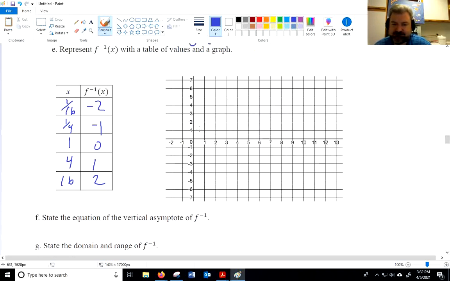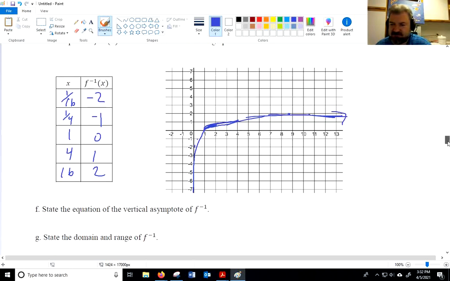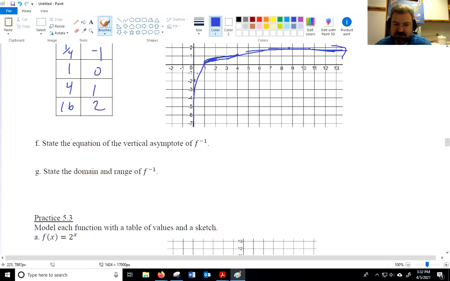And let's plot them. So you can see it's very similar to shapes we've already seen. It's just a little bit less dramatic of a right turn. Something kind of like that. It does continue to increase. It's not an asymptote on the horizontal, but there is a vertical asymptote at x equals 0. The domain is 0 to infinity, and the range is -infinity to infinity.